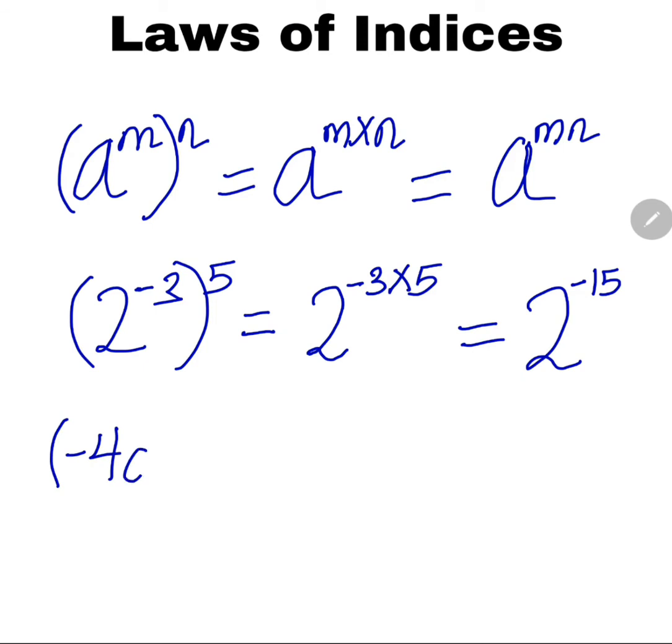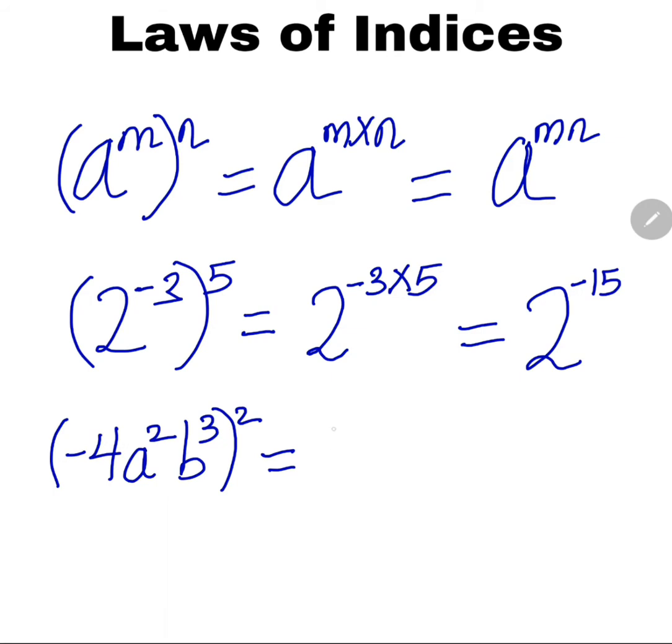Another example, what if you are asked to simplify -4 a squared b to the power 3 everything all squared? For a case like this, what you will do is you allow the power outside to affect each of the terms in the bracket.